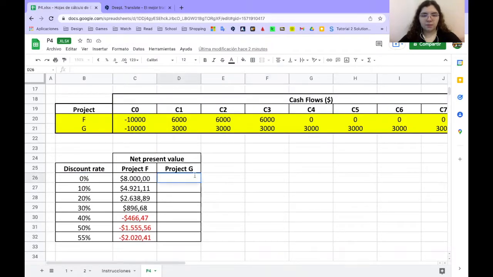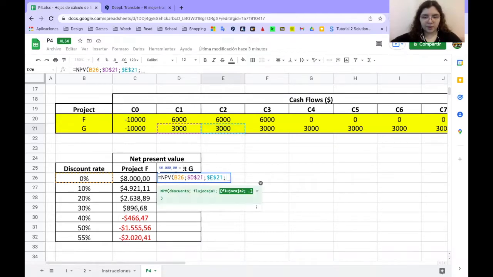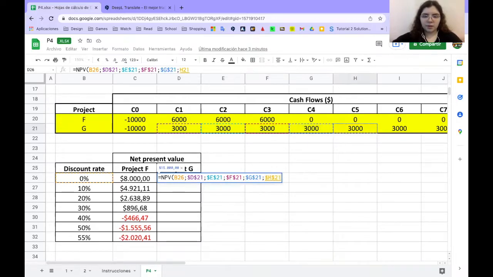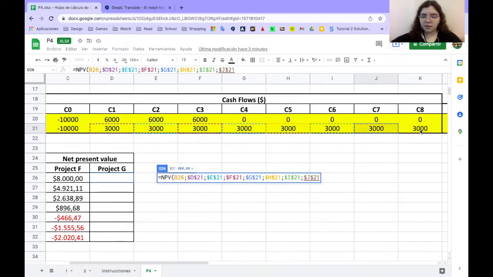Then we are going to do the same for Project G. You put the formula NPV, the discount rate, and then the cash flow, here is the cash flow 1 of Project G. You also block the cell, and then cash 2, then cash 3, and cash 4, cash 5, cash 6, cash 7, and finally cash 8.